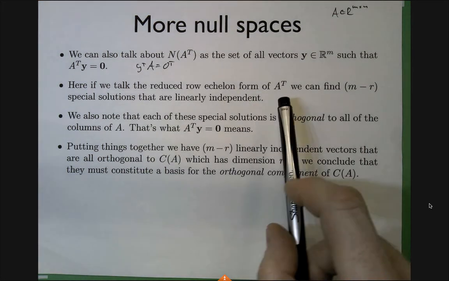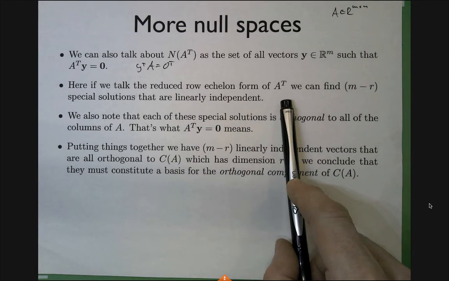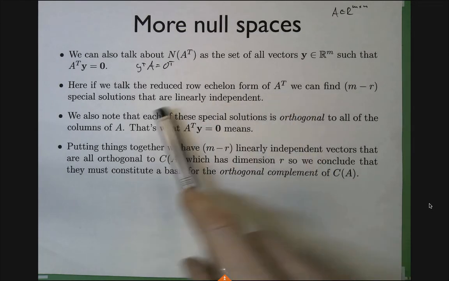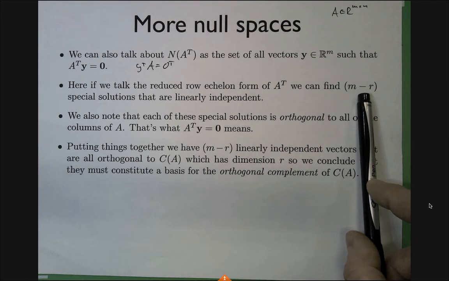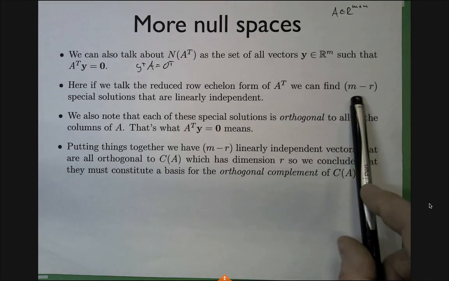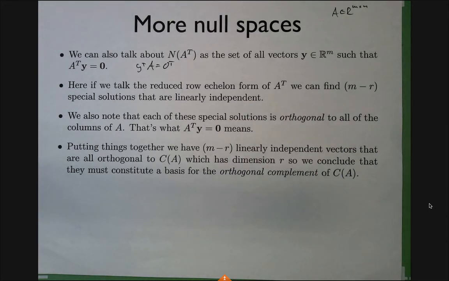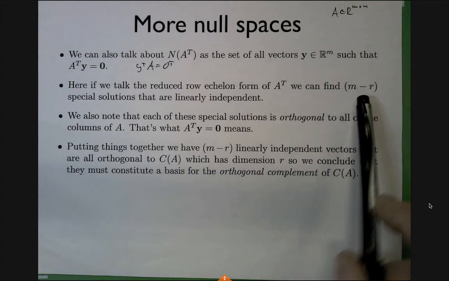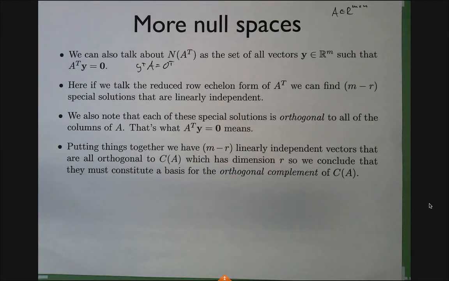So if I use the same argument as before, if I convert A^T to a reduced row echelon form, and if it has rank r, or r pivot variables, then I'll see that there are m minus r special solutions. And again, just like before, they are linearly independent. The only thing that changed is that I now have m instead of n, because I'm looking at A^T.